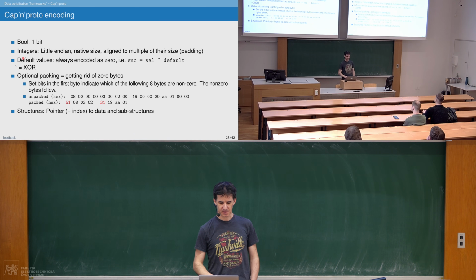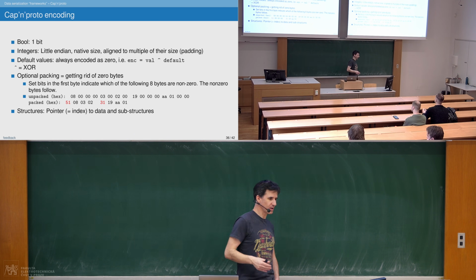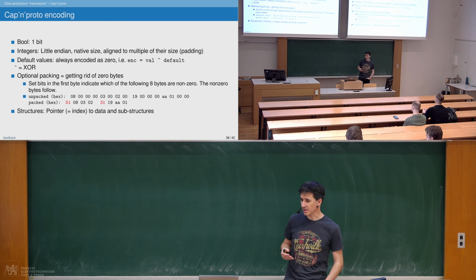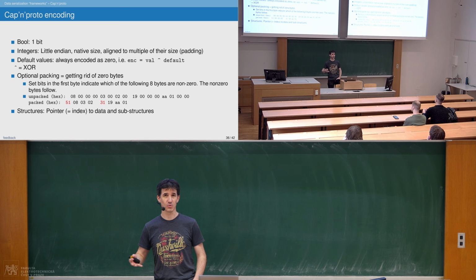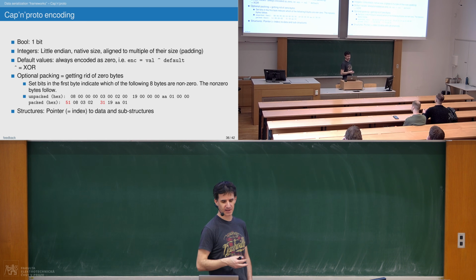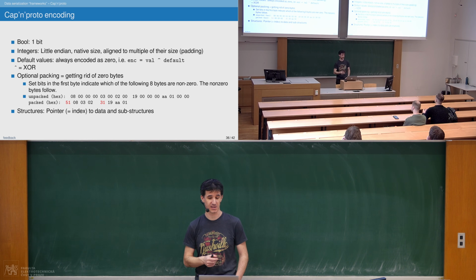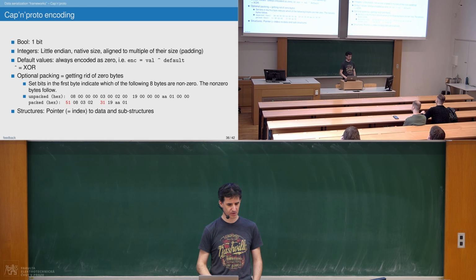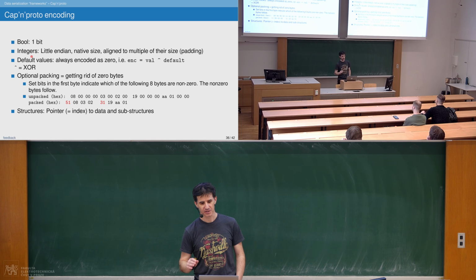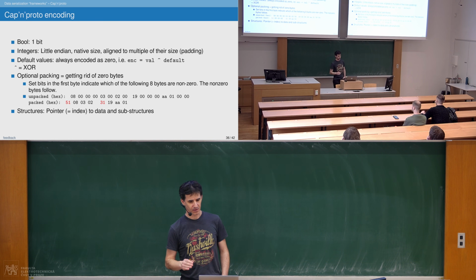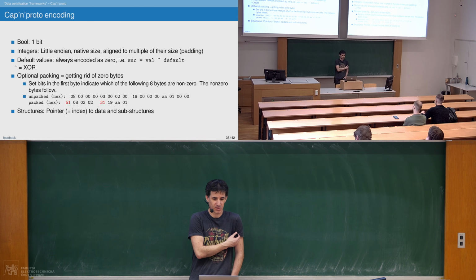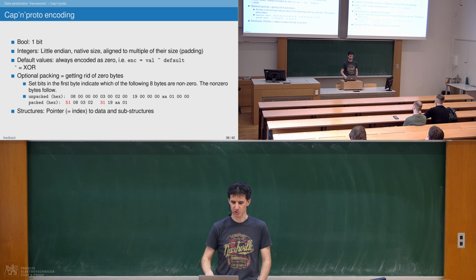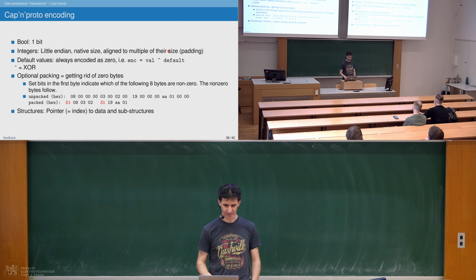For integers, they don't use the var_int encoding, because this var_int encoding was space efficient, but you always need to do this encoding and decoding, and it was not as fast as was needed for some applications. So they store integers in memory just as they are, including all the padding. So that's why it is suitable for shared memory communication.